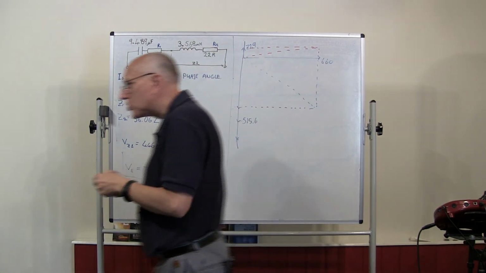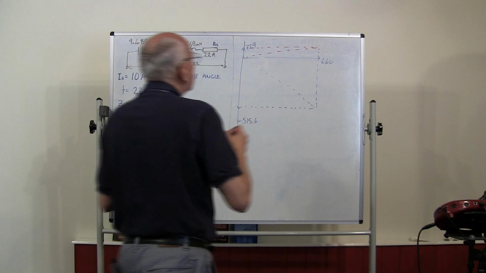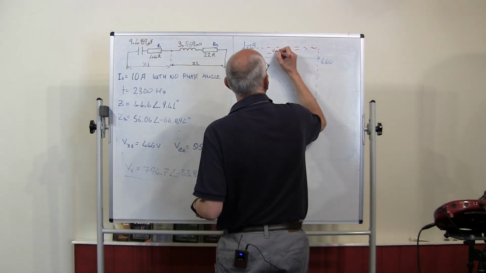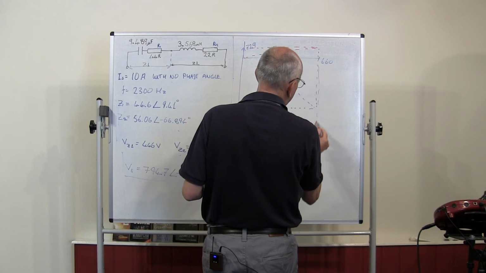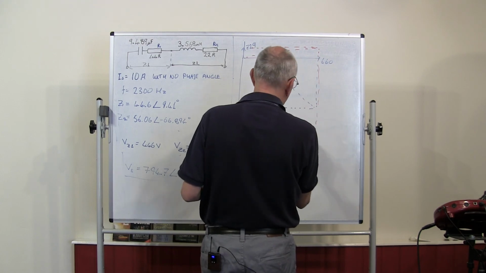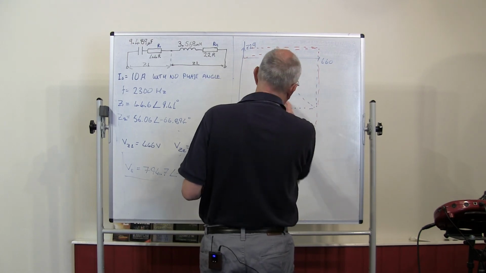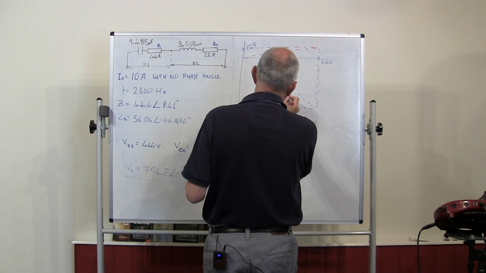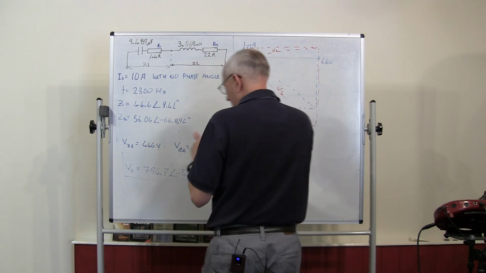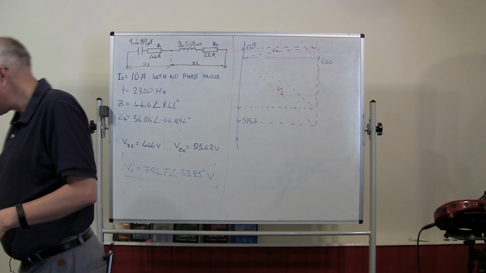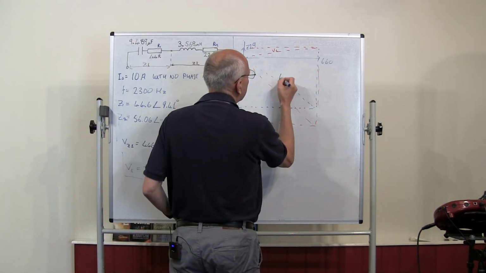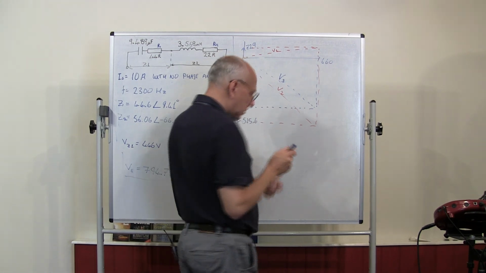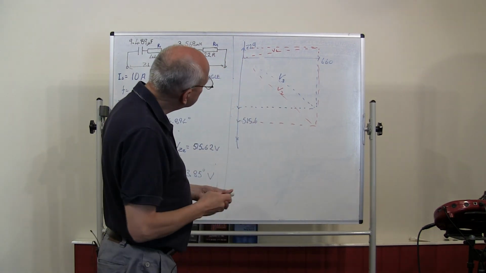So that would be, is that V1 and V2? V1. That one's V1 resultant. Then I've got V2, and then we've actually got voltage supply across there, resultant voltage supply.